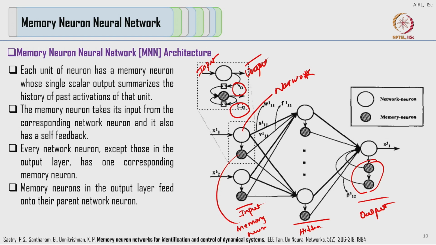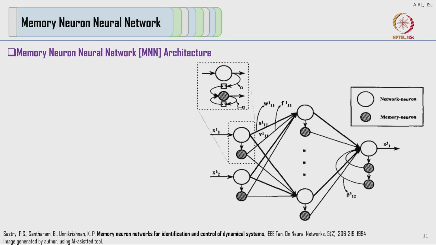A memory neuron takes its input from the corresponding network neuron and it also has self feedback. Each network neuron except those in the output layer has one corresponding memory neuron. The memory neuron in the output layer feeds the output back into the network neuron. That is the structure you should understand.